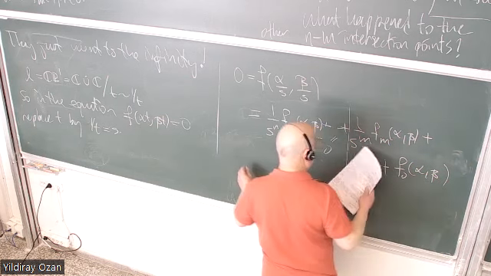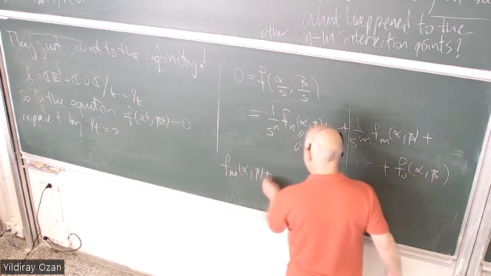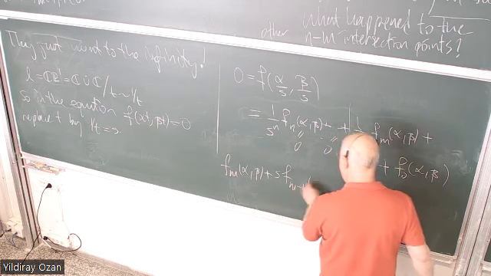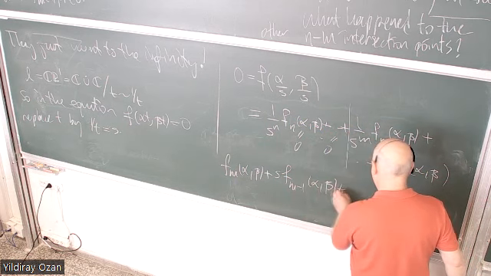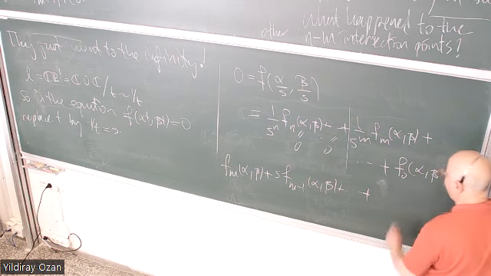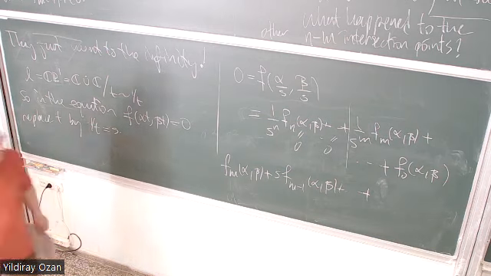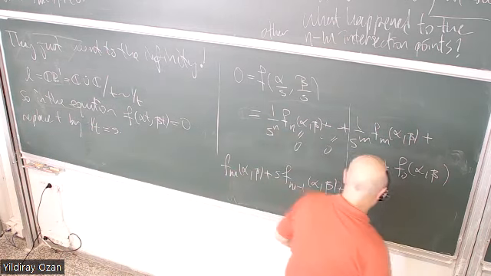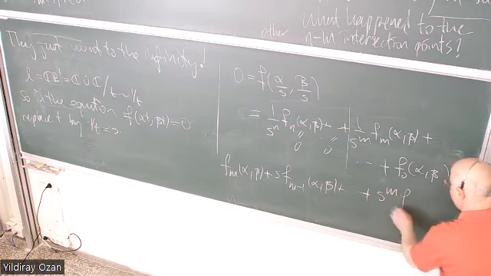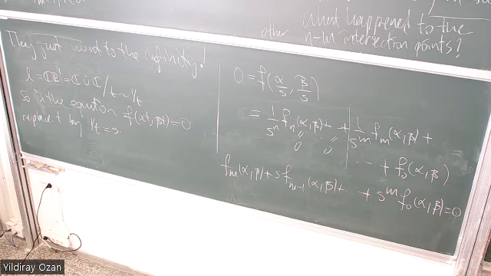So what we get is F_m alpha beta, and then S times F_{m-1} alpha beta, and then I multiply with S to the power m, so we get what? S to the power m F_0 alpha beta equals 0.